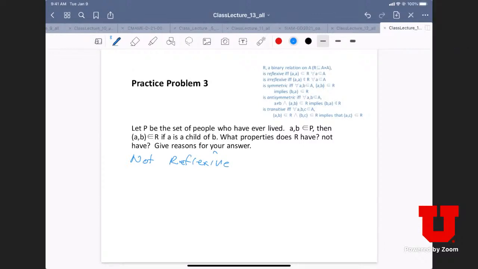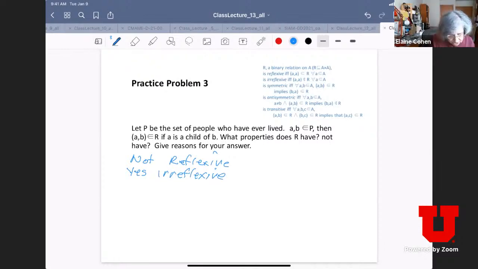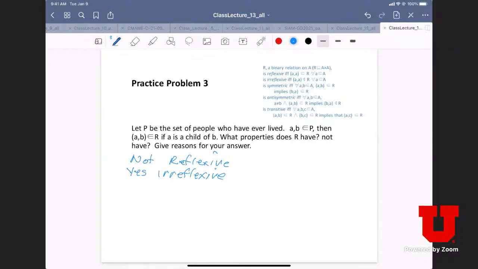Yes, pretty much. Let's see, what about symmetric? If A is a child of B, is B a child of A? No, no.